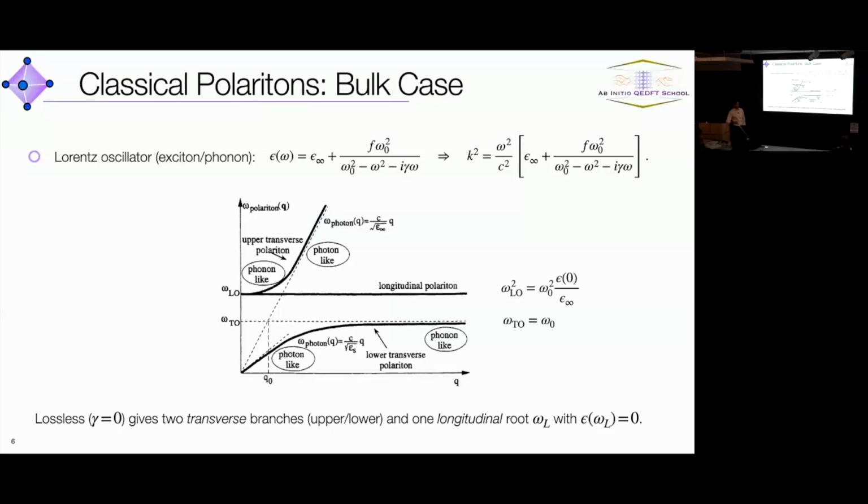Okay? And then you ask yourself, if I don't do anything, the LO and the TO have to be degenerate. Then your question would have been better posed as why the TO mode is lower, not why they are not degenerate, because they're always degenerate.